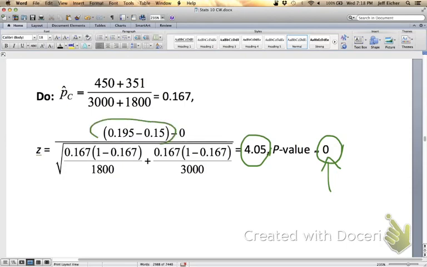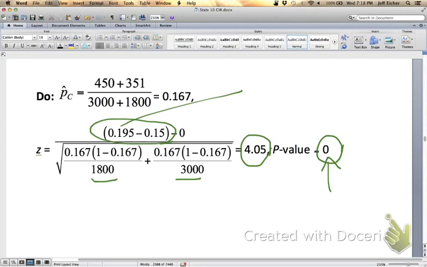Even though your different proportion is 20%, 19.5% recently, 15% about 20 or 30 years ago. Only a 4% change. But because the sample sizes were so big, even a 4% change gives us evidence.